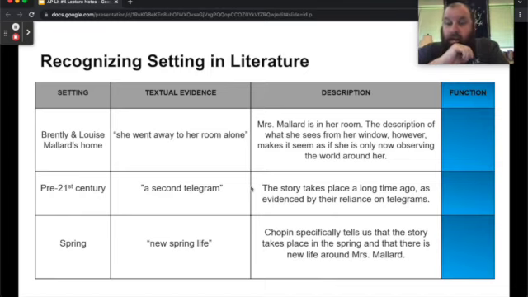She learns that her husband has died. We believe that she is heartbroken, but she's not. She goes to her room, closes, locks the door. And she's like, I'm free, free, free, she keeps saying under her breath. She looks out the window.